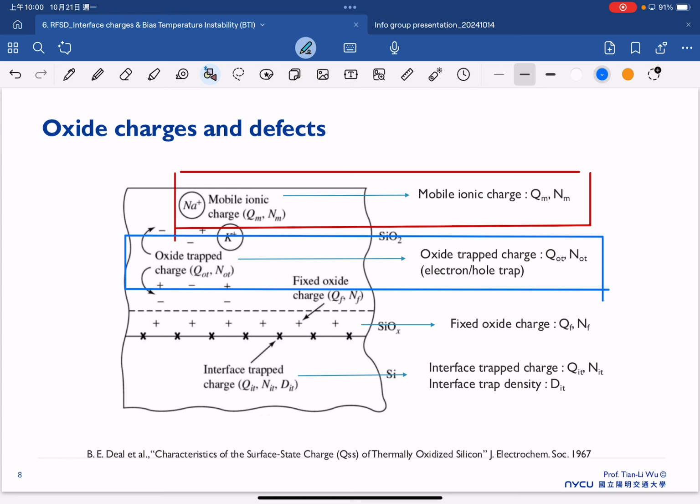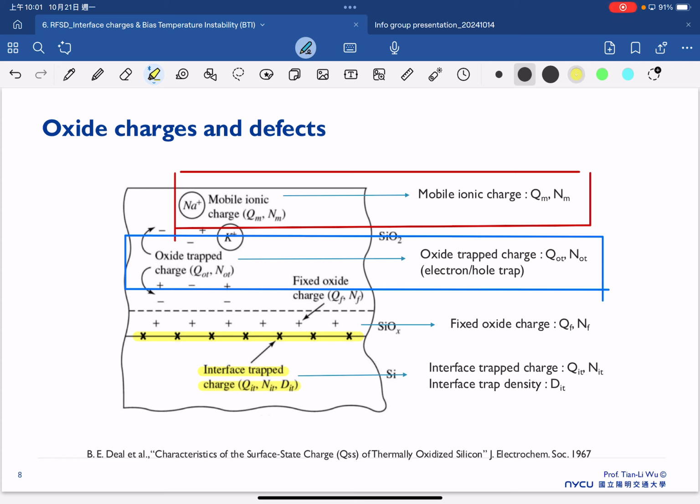And of course, you already know, at the interface between the silicon and silicon dioxide, we have these interface trap charges.